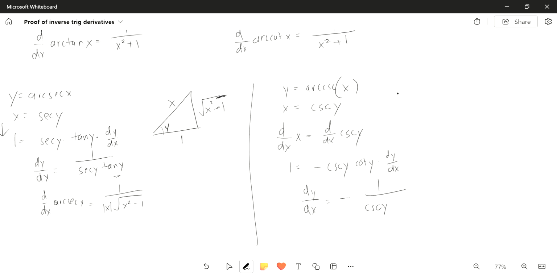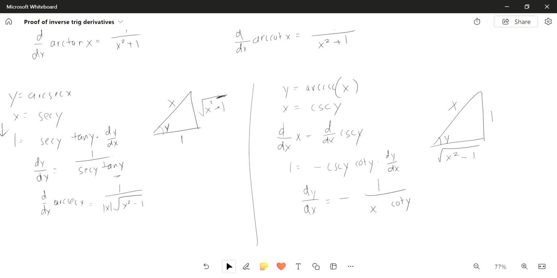And then we solve for dy over dx and we get this. So now cosecant y is actually just equal to x because that's in our question earlier on. Now if we were to draw our triangle, we get y as our angle, x as our hypotenuse, and 1 as our opposite side.